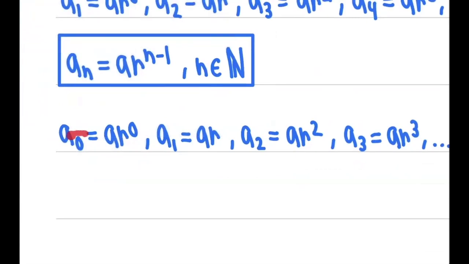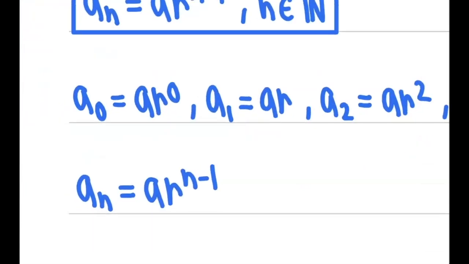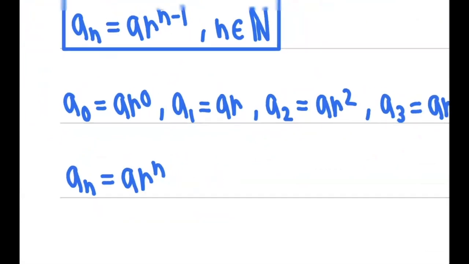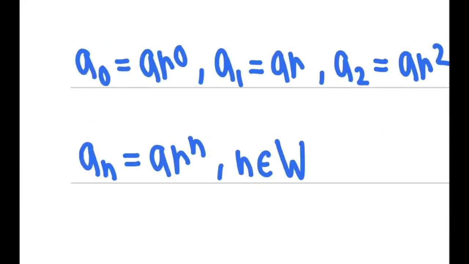What do you notice about the subscript and the exponent now if I start the index at 0? They're the same. That's much prettier. So the formula, instead of a sub n equals a times r to the power of n minus 1, it's just a times r to the power of n if you start the index at 0. So this is for n belongs to the set of whole numbers.